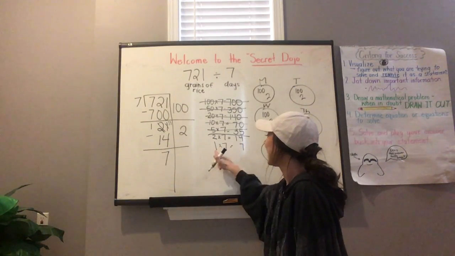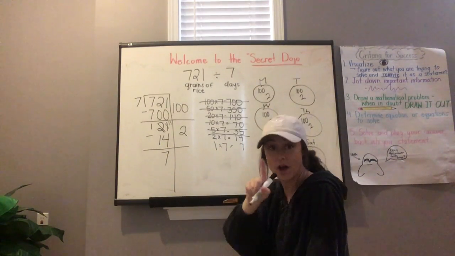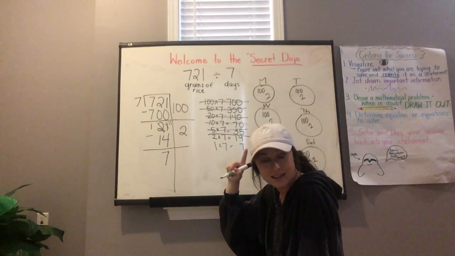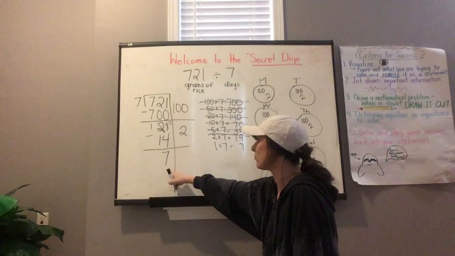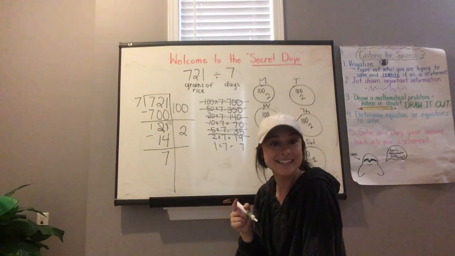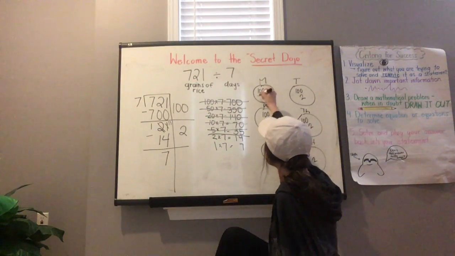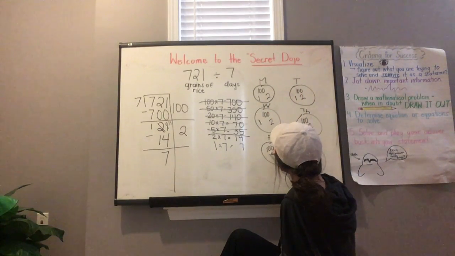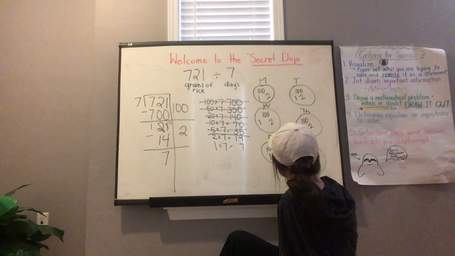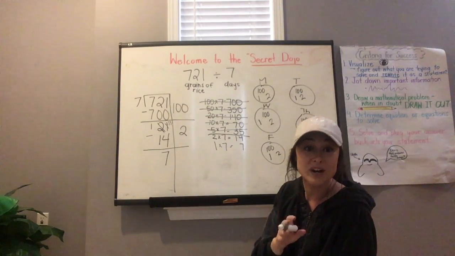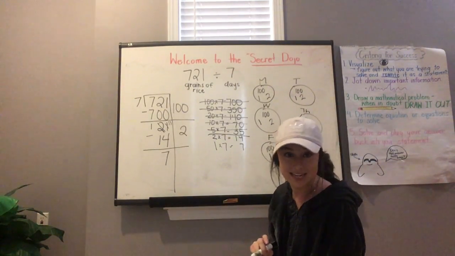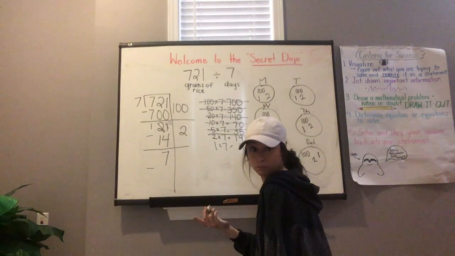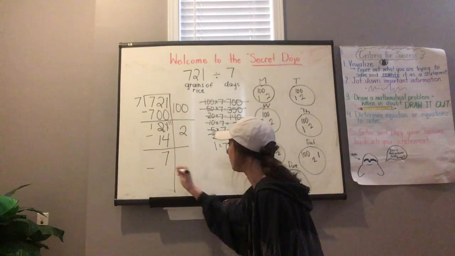Now, let's see. Can I give 1 grain of rice to each one of my days if I have 7 left over? And the answer is yes, I can. I can give 1 grain to Monday, 1 to Tuesday, 1 to Wednesday, Thursday, Friday, Saturday, and Sunday. I give 1 grain of rice to each one of those days. So if I gave 1 away, I'd have a leftover of 7.